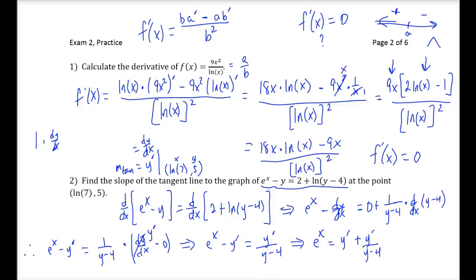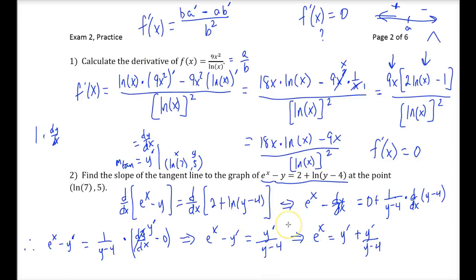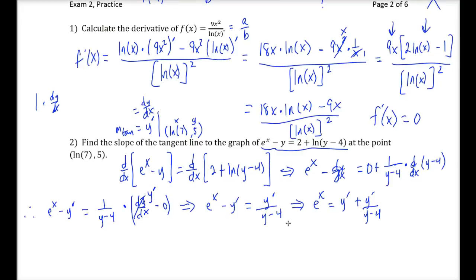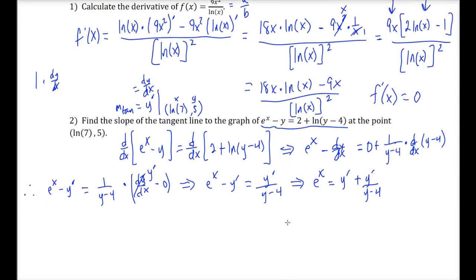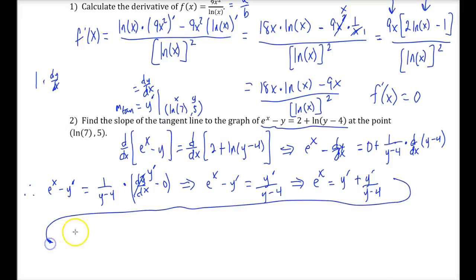So I'm going to scroll down a bit here, make some more room. And so now my next step, I would want to factor out y prime, which will give me just 1 plus 1 over y minus 4.